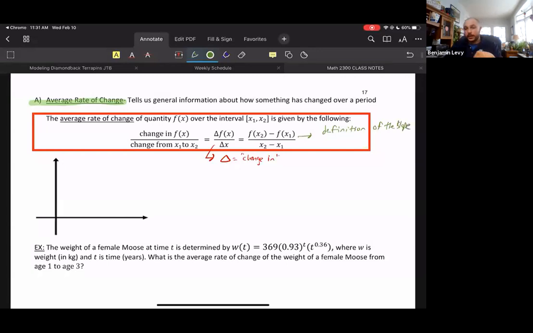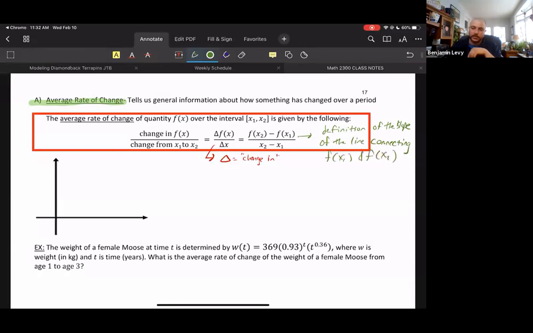But the slope of what specifically? The slope connecting two function values. So it's the definition of the slope of the line that connects f of x1 and f of x2.